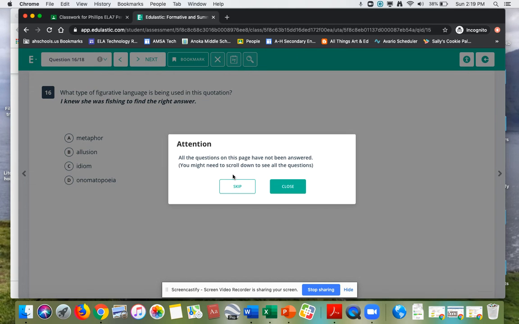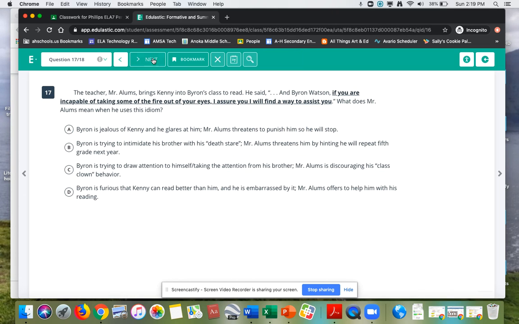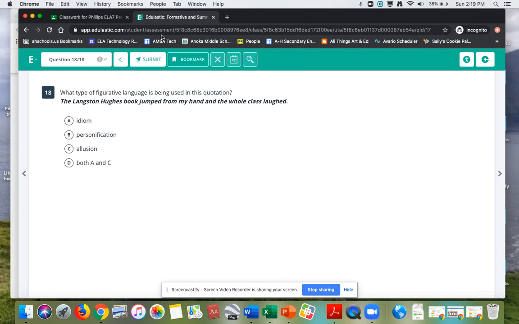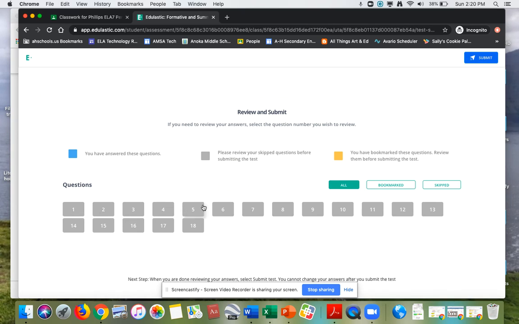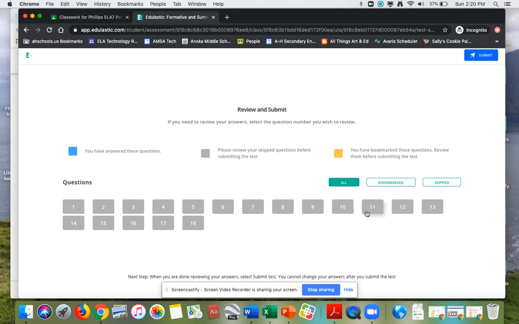So don't leave anything blank. Make sure that you go back and at the very least eliminate the wrong choices to narrow it down. Okay? So you should have blues in all of these boxes, okay? Because you've answered them. If you've bookmarked something to come back to, then it'll be yellow, okay? And then it'll just go through all of them.